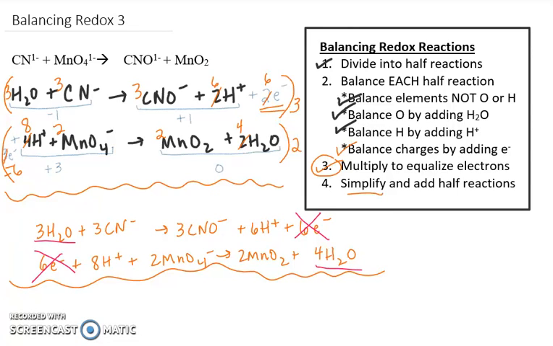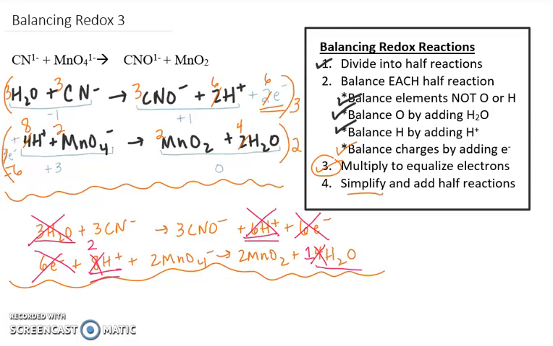One set's on the left, one set's on the right, so they are going to simplify. All 3 of these are going to go away. We have 4 here, so there's going to be 1 left. Now we're going to look at the H pluses. I have 6 H pluses on the right here, 8 here. Again, that can be simplified. These are all going to go away. And since I had 8 here, 2 are going to be left.